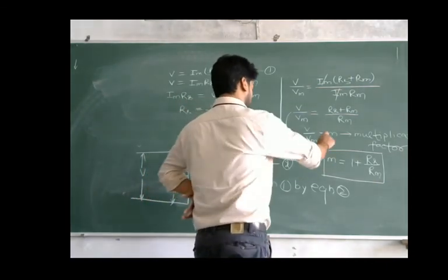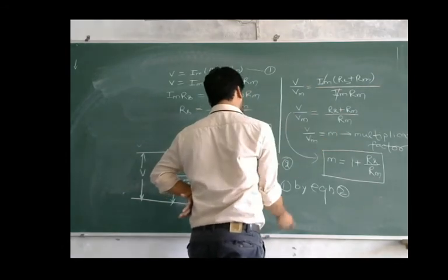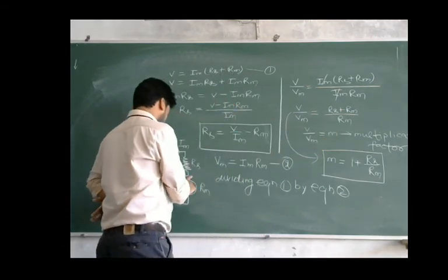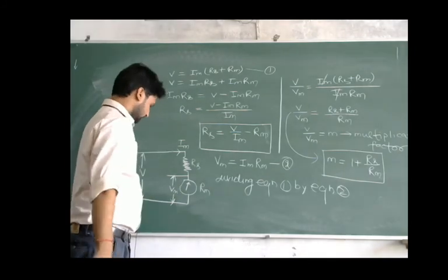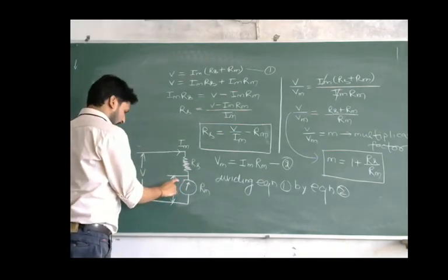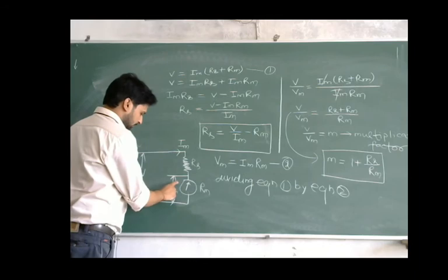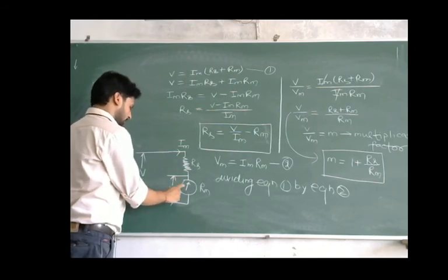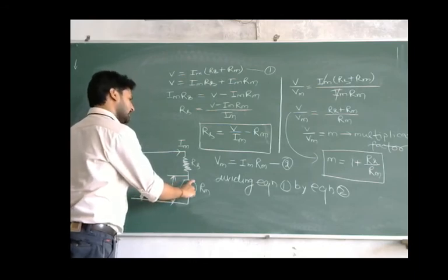If the value of m is known to me, this meter reads the value of Vm, so we can find out the value of Vm from the reading of this instrument.